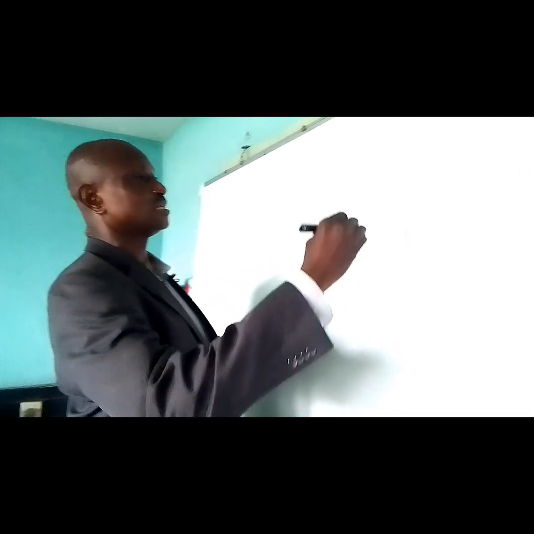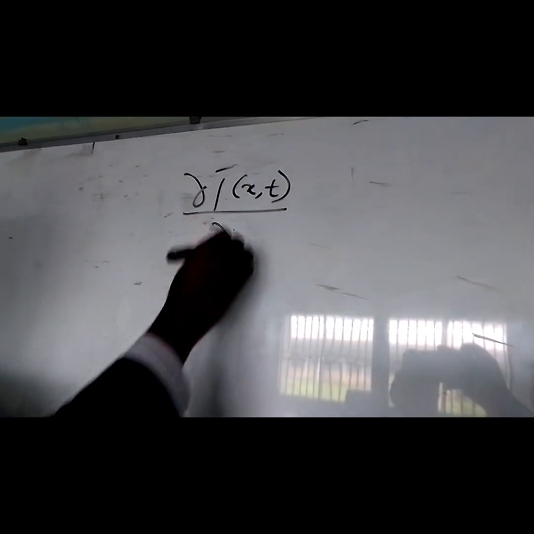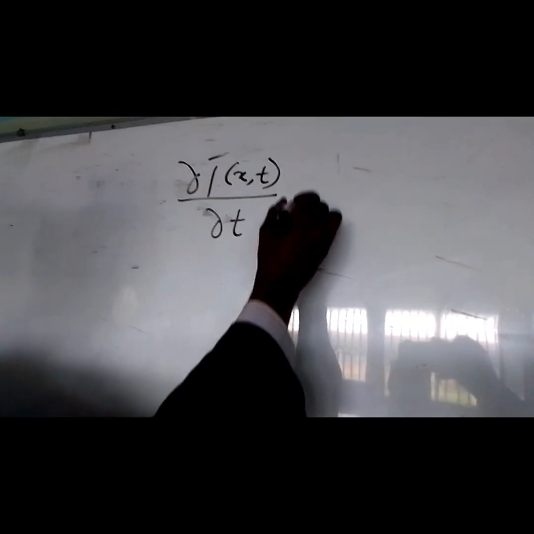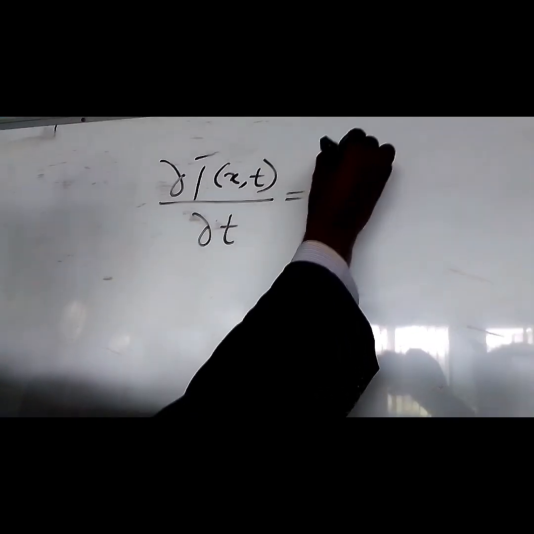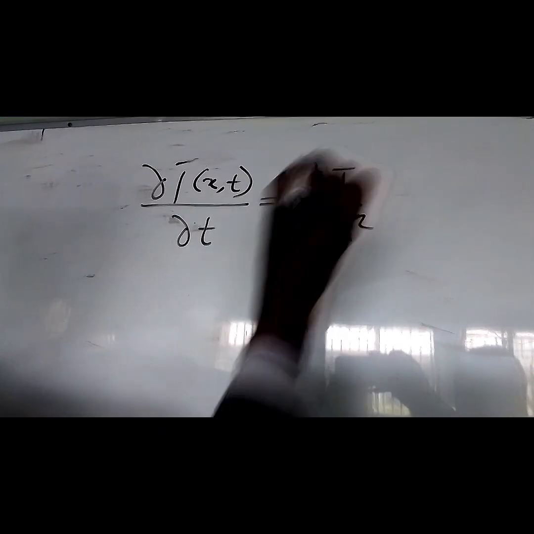Sequel to this, the heat conduction equation is expressed as the partial derivative of T, function of x comma t, with respect to the time t, equal to the second partial derivative of T with respect to the x-axis.